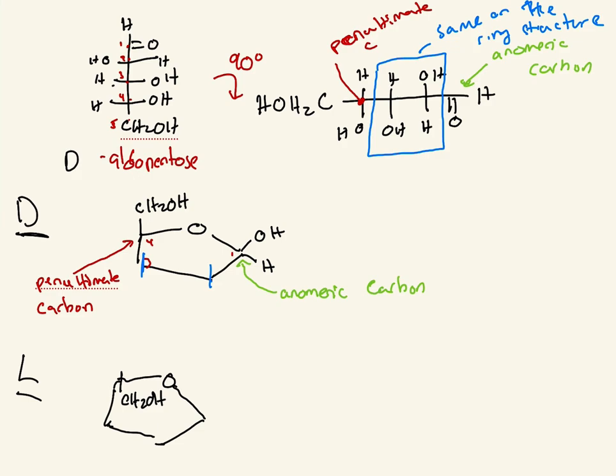Right, so I'm going to number this structure on the side just so we can keep track of this. This is 1, 2, 3, 4, 5, right? This was 2 here, 3, 4, then 5 is off the ring, so we're not worried about that. So on the second carbon, the hydroxyl group should go which direction? Up or down on the ring?